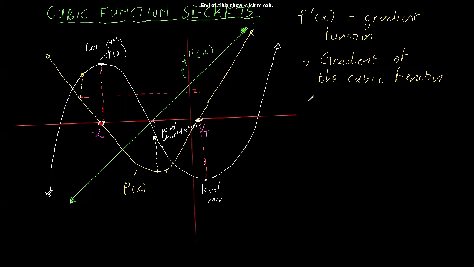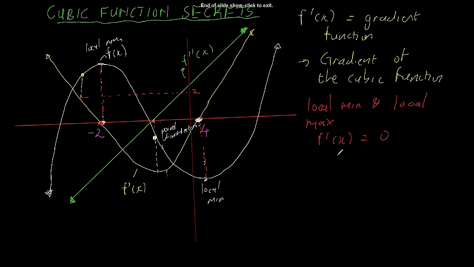So this is telling you that at the local minimum and the local maximum, the gradient of the cubic function is what? Is 0. So f prime x is 0. Remember, f prime x means the gradient of f of x, the derivative of f of x.